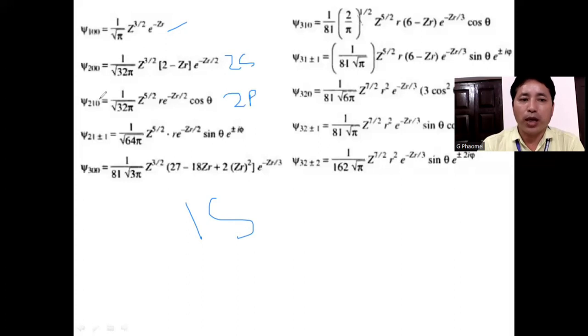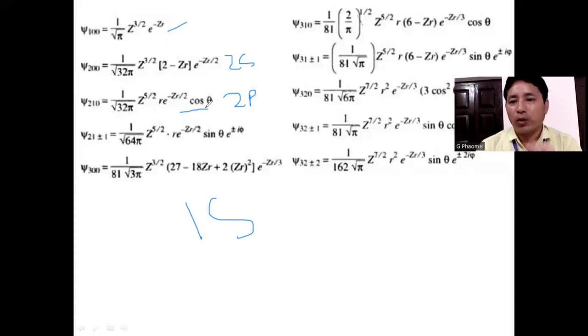Therefore, if you put all the values for the orbitals, for 1s it is given here, and for 2s it is given here, and this is for 2p. This is for 2p, and there are three parts, but we do not know which one is 2px and 2py, and surely this must be 2pz. That is definitely 2pz.